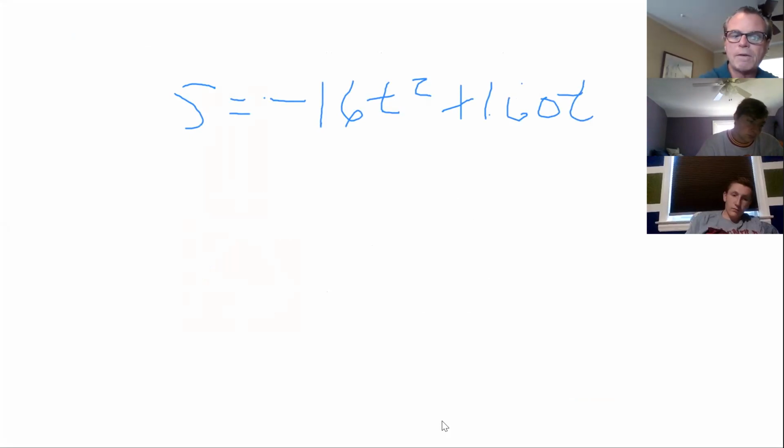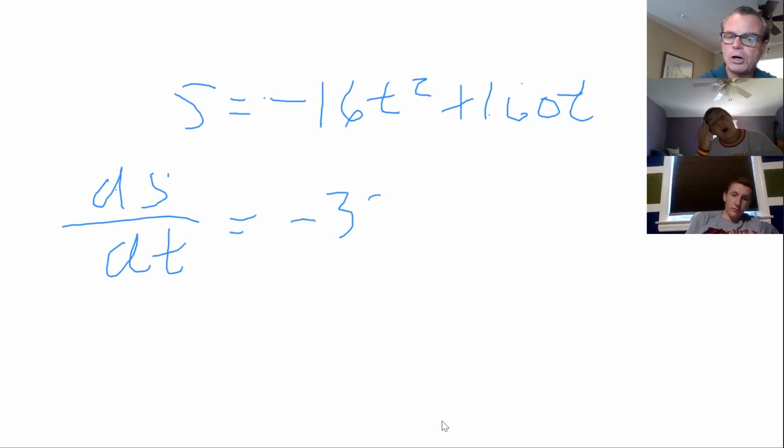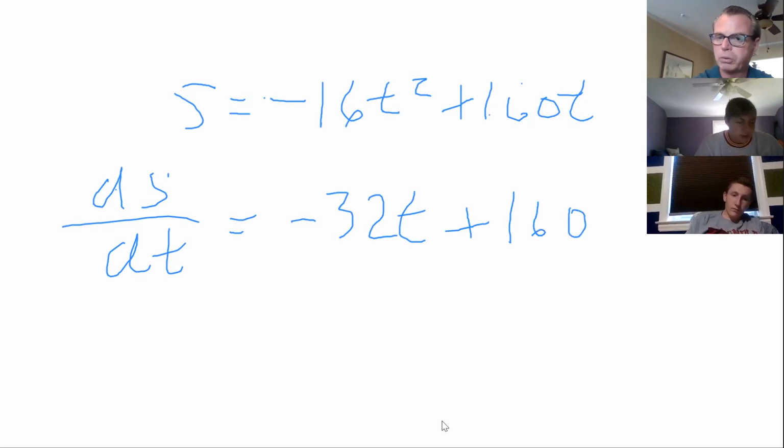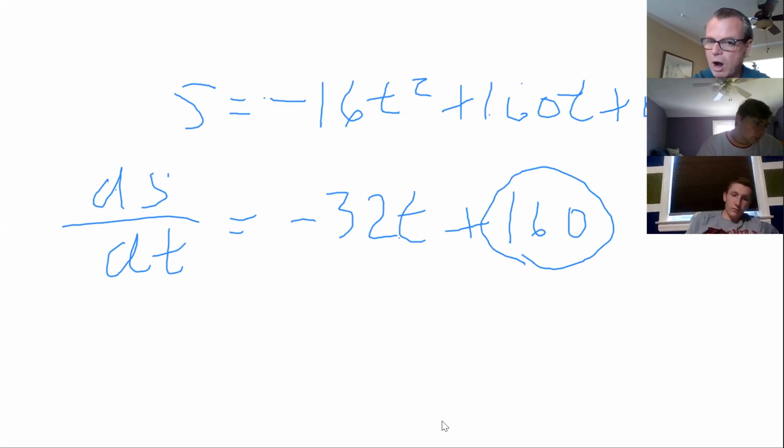The derivative of S with respect to t would be negative 32t plus 160. And there's actually a plus 0 up here, which is initial height. So if I put a 0 in here, negative 32 times 0 is 0, you would just get 160. And that's why the coefficient up here is the initial velocity.